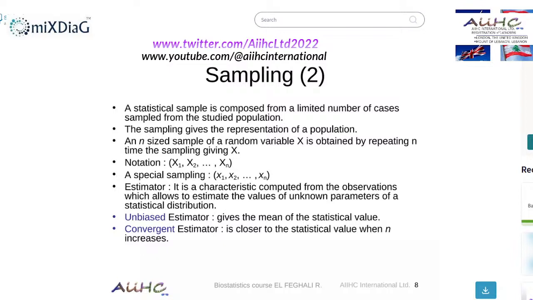A special sampling: from this big population we extract a small sample, and whenever you take a sample from a big sample, you use lowercase x. You could see it was uppercase X1, X2, and here we've made a special sampling from this big population.